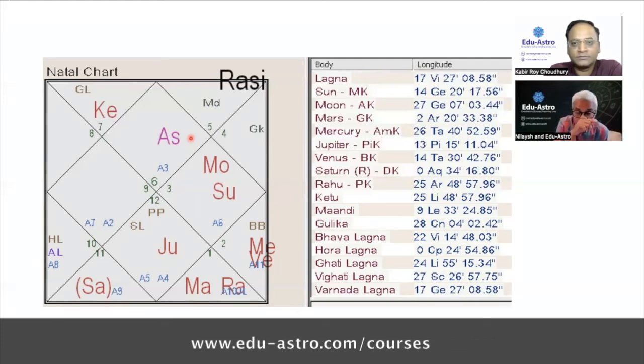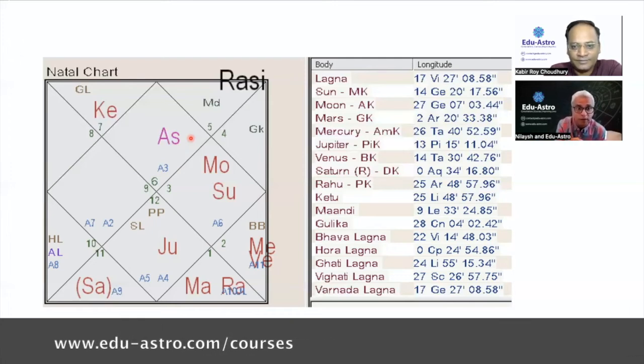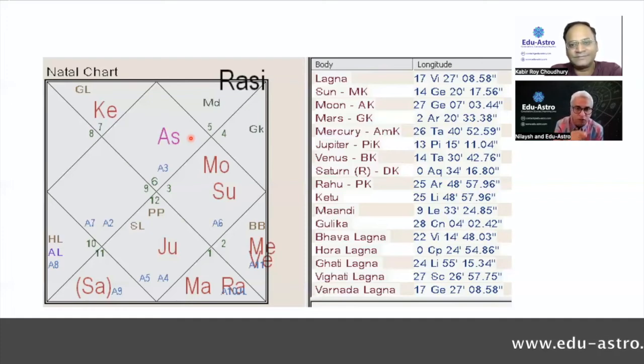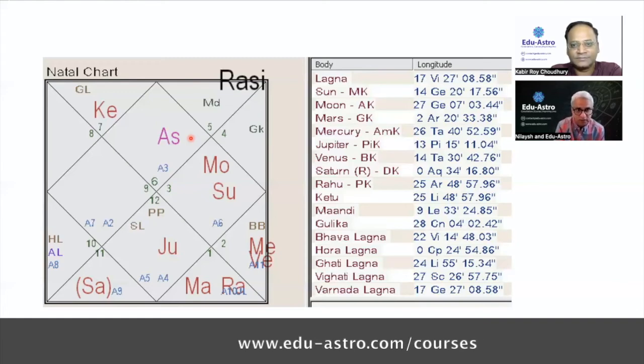But when you decide which signification to pick, you will see the degree near to the lagna. Then it becomes easier, and you can see that Sun and Venus are going to influence the lagna. So many parts of Sun and Venus will also influence the Virgo Rashi.